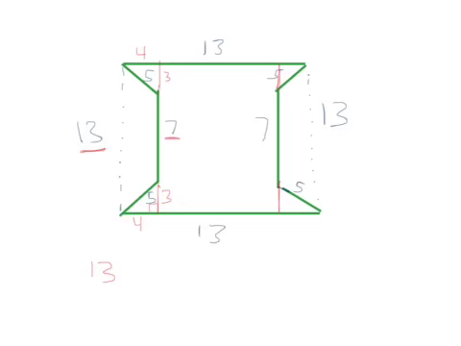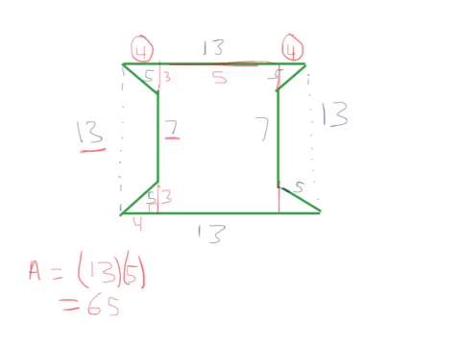The base would be 5 because if 13 is the entire length, 4 of which is used here, and another 4 would be used here, 13 minus those 8 would give you 5 for this part from here to here. Okay, so for the area of that rectangle, it's going to be 13 times 5, which is going to give you 65 for the rectangle.